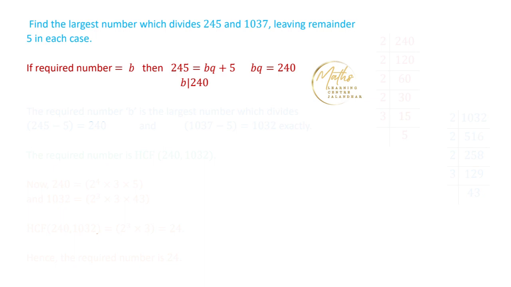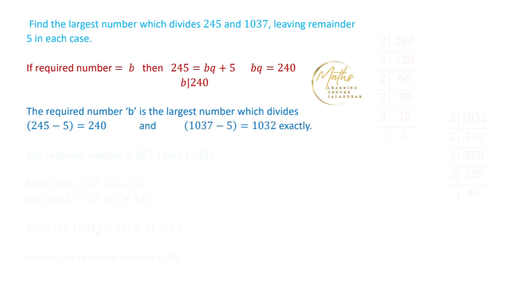So the required number B is the largest number which divides 240. We have obtained this result, that we are interested in calculating the largest number B which divides 240. And from the second condition, we have the number 1037, so from this condition it should also divide 1032.